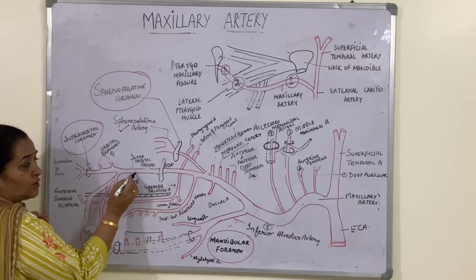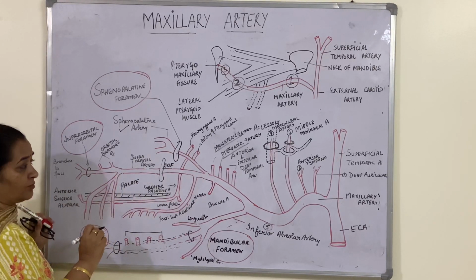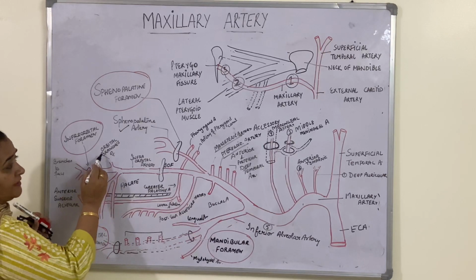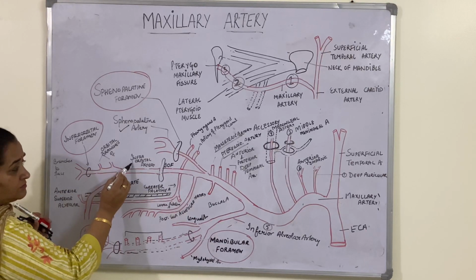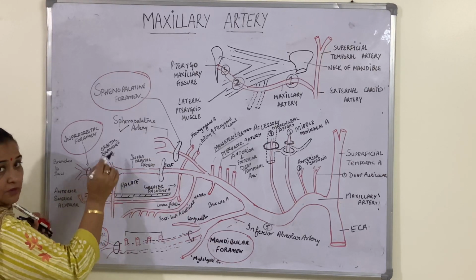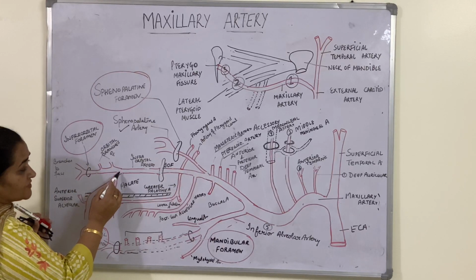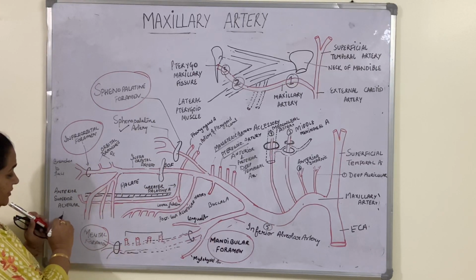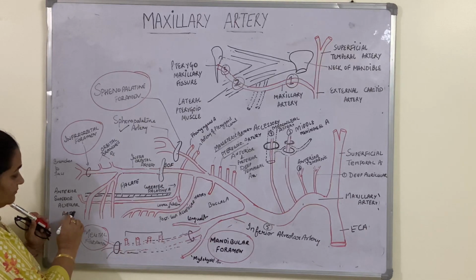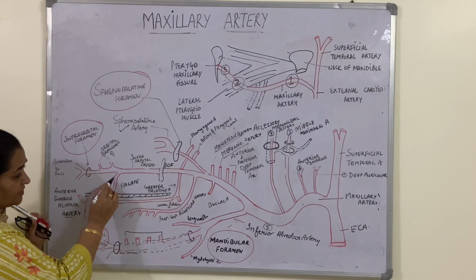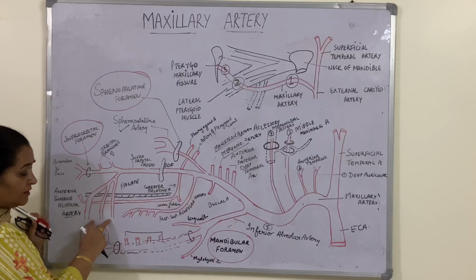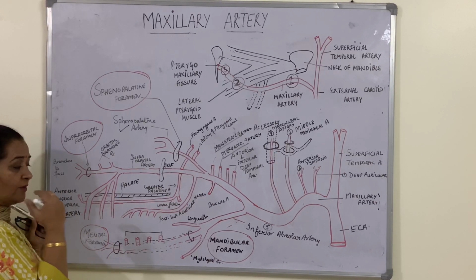So now within the orbit, this artery is given the name infraorbital artery. Within the orbit, it gives orbital branches to the orbit, and it gives the anterior superior alveolar arteries. This anterior superior alveolar artery supplies the front teeth of the upper jaw.